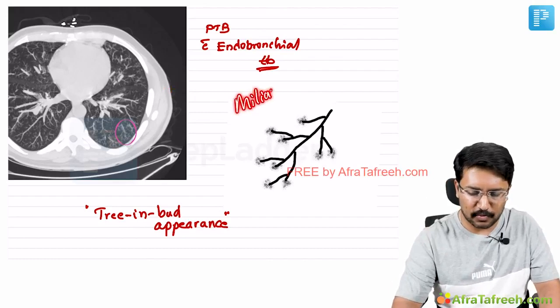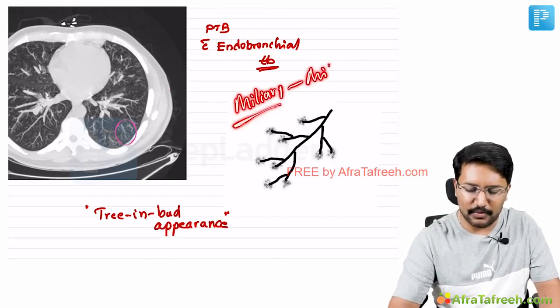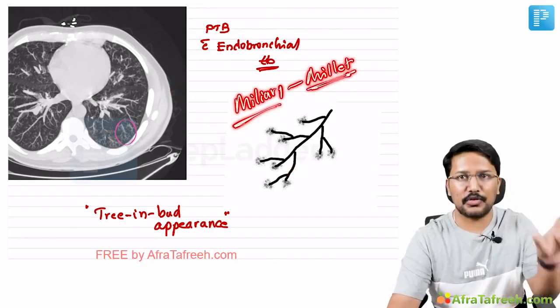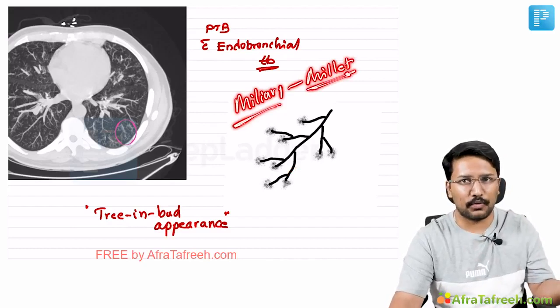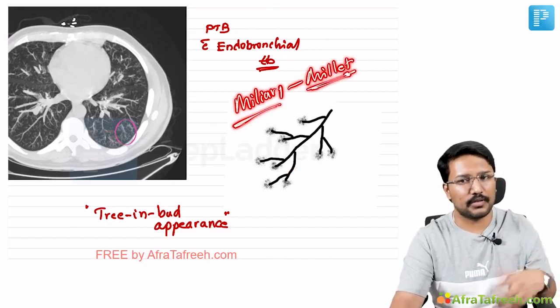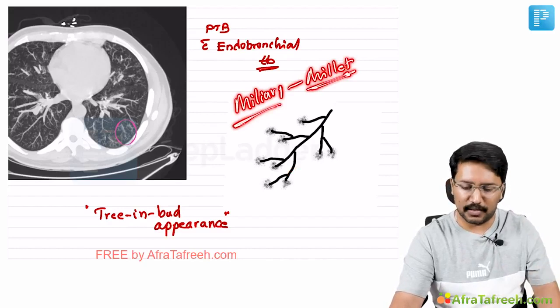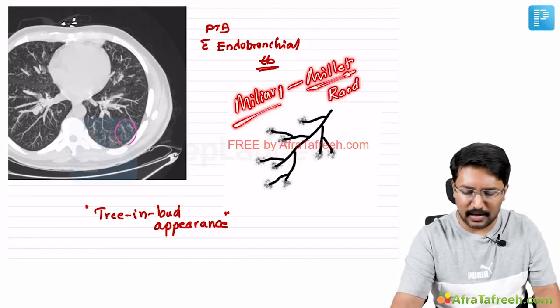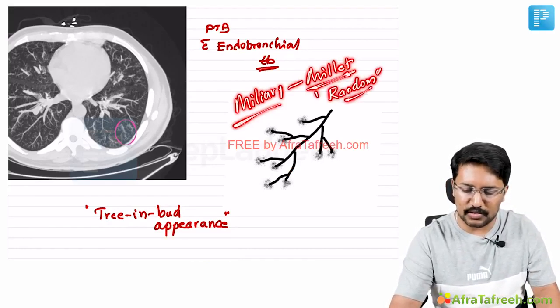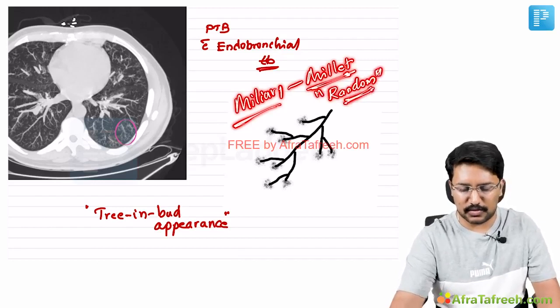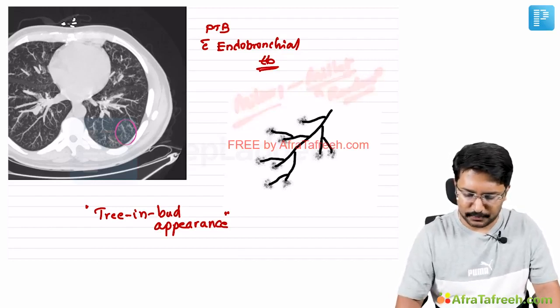The word miliary comes from the fact that they are believed to be millet sized, and their distribution is like when you throw millets on the floor: quite random. It is not centrilobular. It is randomly distributed granulomas that we see in miliary tuberculosis, right? Let me show you an image if I have.